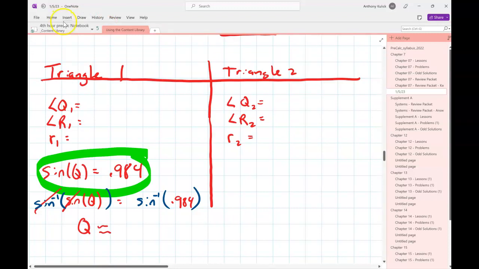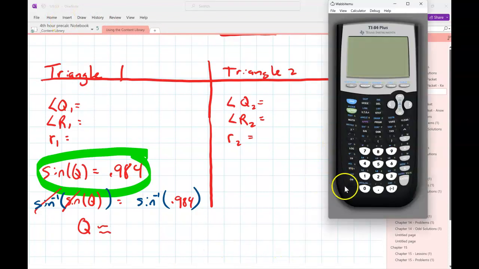So I'm just going to go to my calculator, and we'll do second and the sine button to get the sine inverse. And then I'm just going to use that previous answer, the 0.984. So I get about 79.9 degrees.